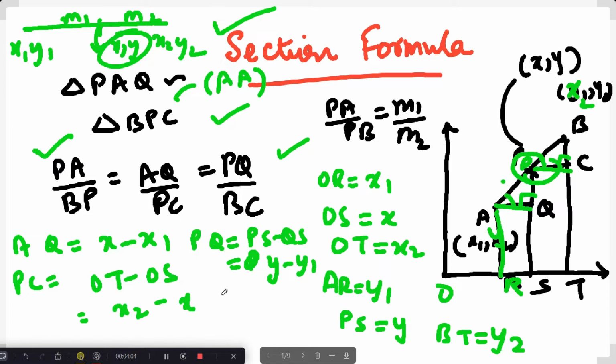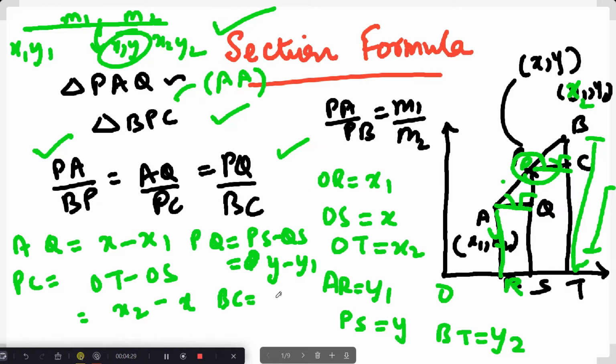Hope you're understanding each and every step, guys. You want me to make it cleaner? Sorry, I can't. BC equal to BT minus CT. What is CT? CT is equal to PS. We have found PS already: Y. What is BT? Y2. I said something wrong.